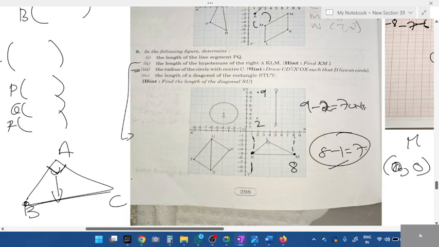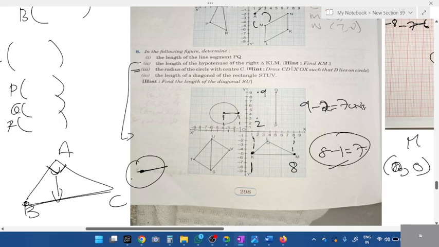The radius of the circle with center C. How do you find the radius? If this is the center, what do you mean by radius, students? From center to circumference, we call radius, right? So from C, I'll draw a line to the circumference. I'll plot here. Then I'll pull this line down.